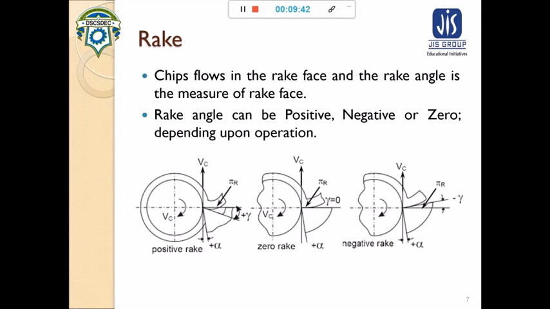And in the case of negative rake angle, it is provided when we need high hardness of the workpiece, so that it won't break in heavy applications. So that's why the negative rake is provided.